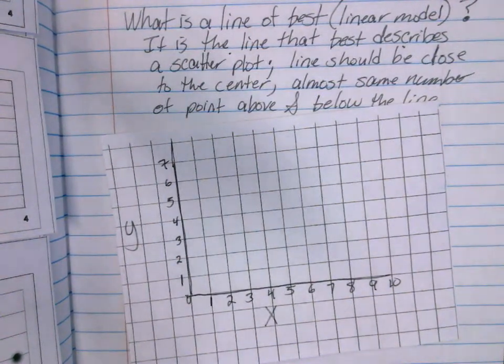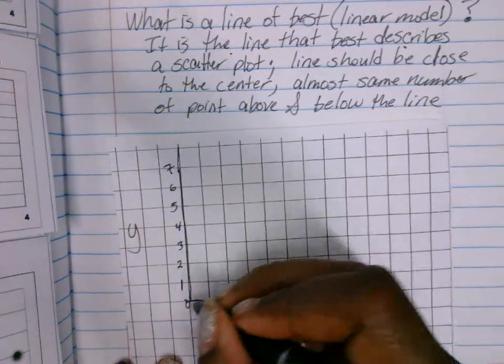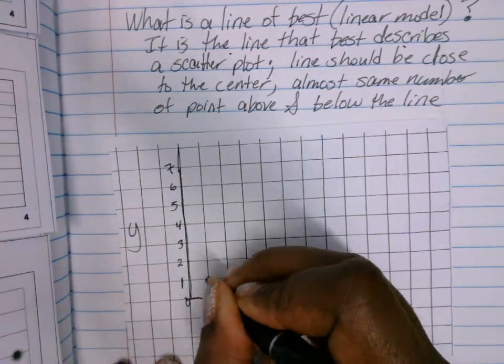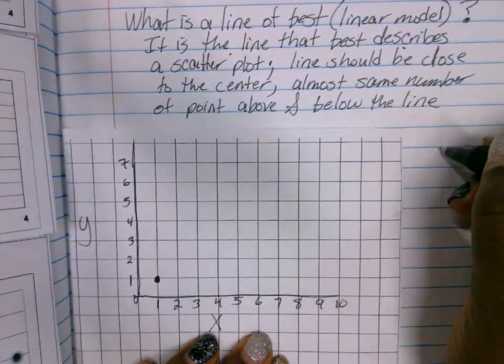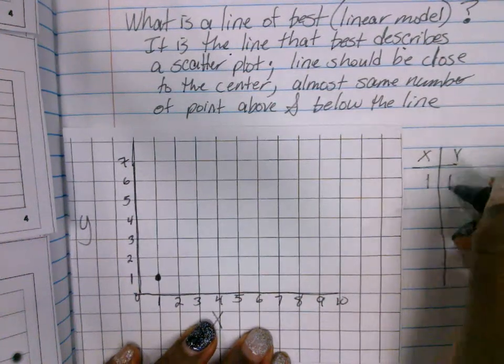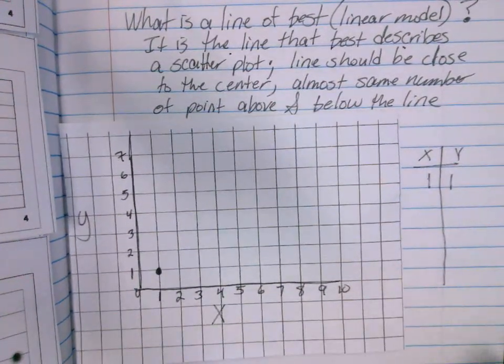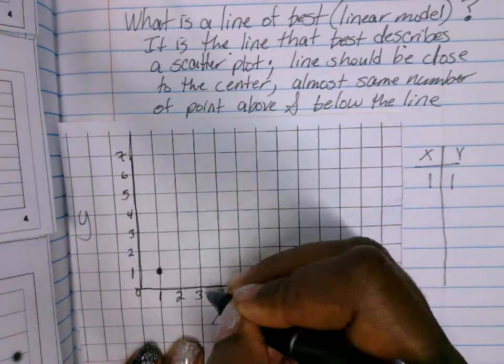Now we're going to graph some ordered pairs. Okay, I'm going to graph the ordered pair 1, 1. Go over 1 and up 1. 1, 1. I'm going to graph another ordered pair. I'm going to graph over 3 and 2.